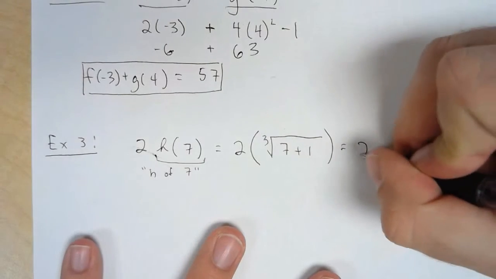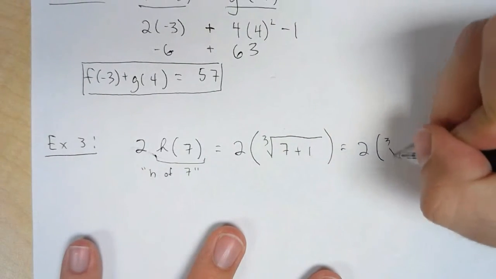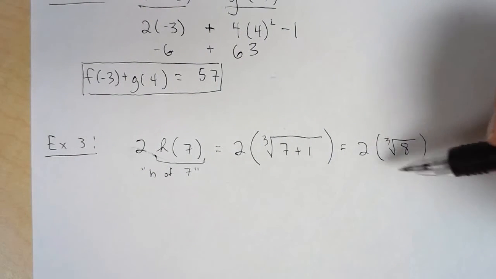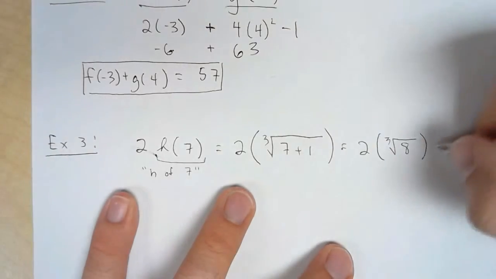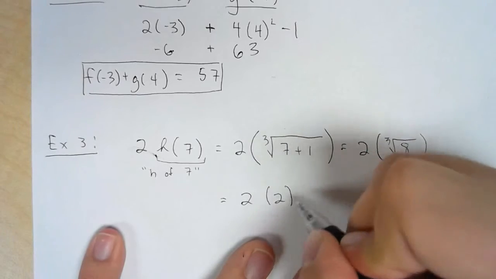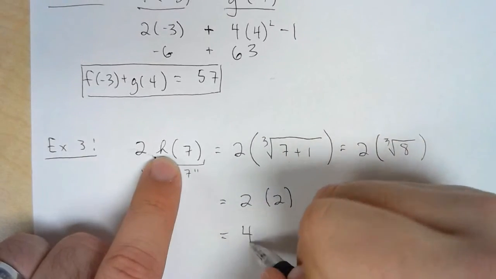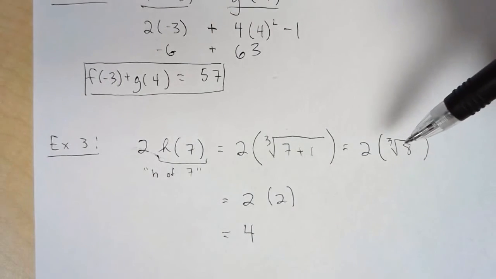So we get 2 times the third root of 7 plus 1. 7 plus 1 gives us 8. And then we need to take the third root of 8. So what multiplies by itself 3 times to be 8? Well, 2 times 2 is 4 times 2 is 8. So the third root of 8 is just 2. So we can say 2 times 2, now that we've evaluated h of 7, gives us 4. If you wanted to do all this other work off to the side and not combine these, that's fine.